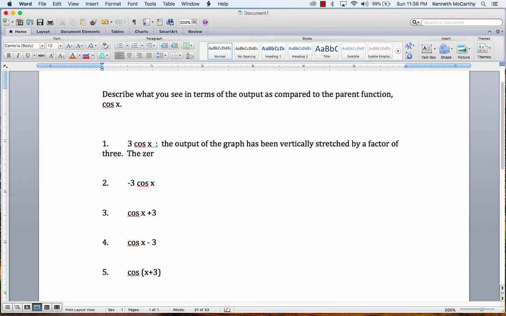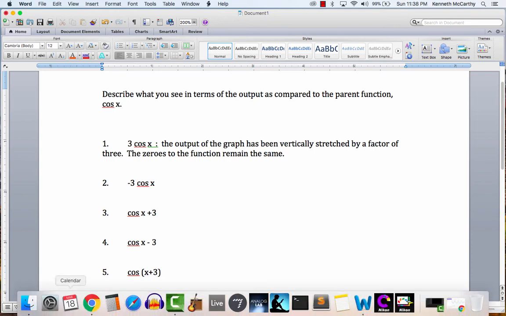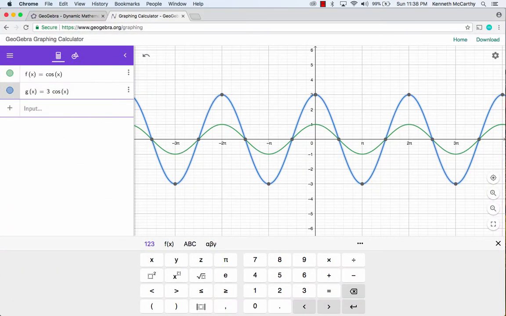The zeros to the function remain the same. Zeros meaning that when we look at the graph, where the graph actually touches the x-axis, here, it's the same for 3 cosine x and cosine x.